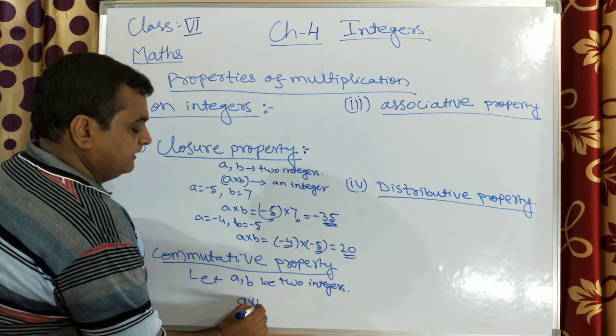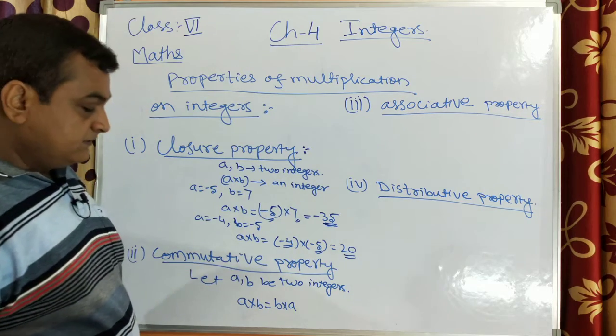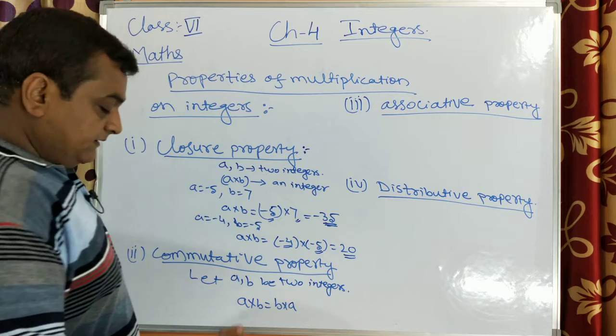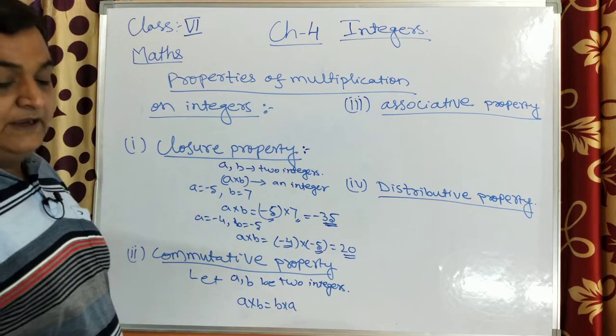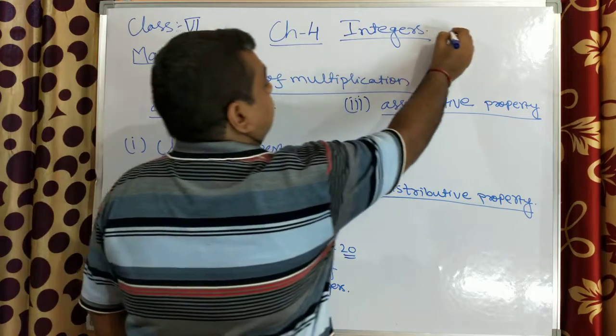Okay. Now we can assign values to a and b. a equals -3 and b equals 7.